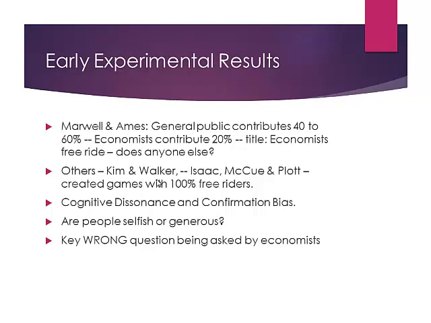They also ran the experiment among economists, and economists contributed 20%. So they wrote a paper saying, economists free ride, does anyone else? Actually, even the economists are not fully free riding. 20% is not 0, but they contribute much less because economic theory influences them.